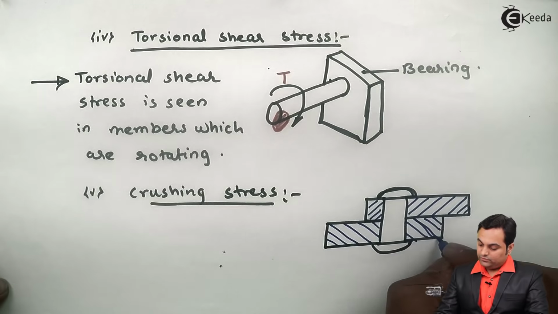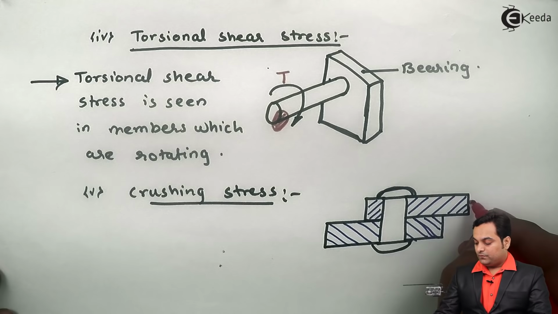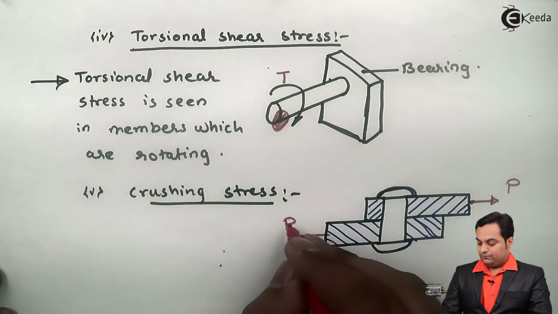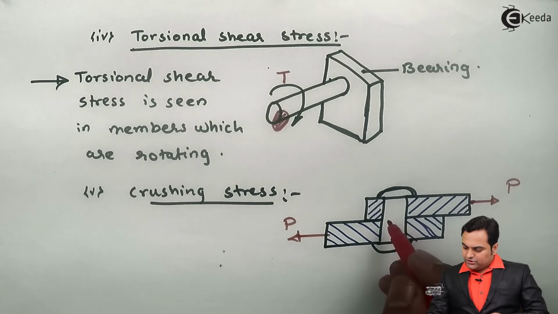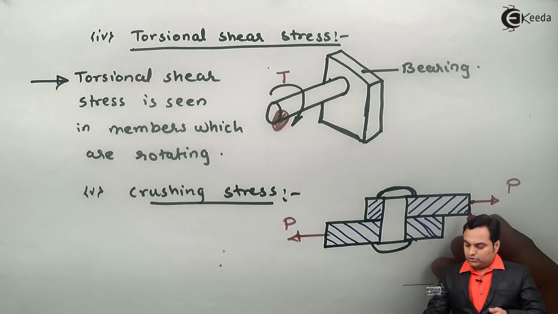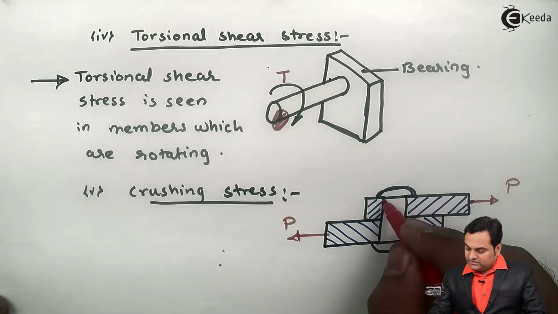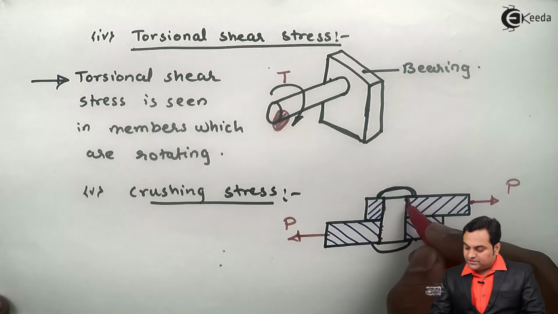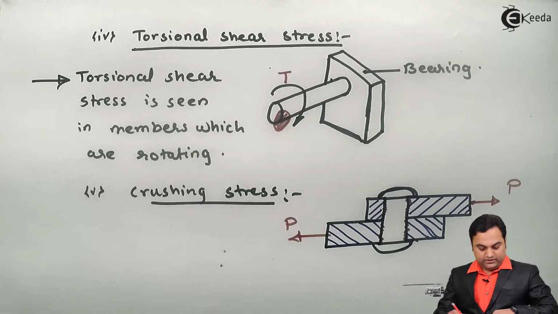Now here there are two plates which are subjected to loading in opposite direction. Now suppose, as we have seen in case of shear stress, instead of the rivet breaking, there can be a chance where, because of the load applied, this rivet can just crush. Crush means it is like compression. It can crush here.